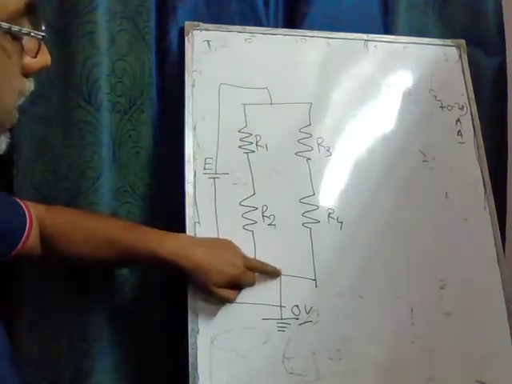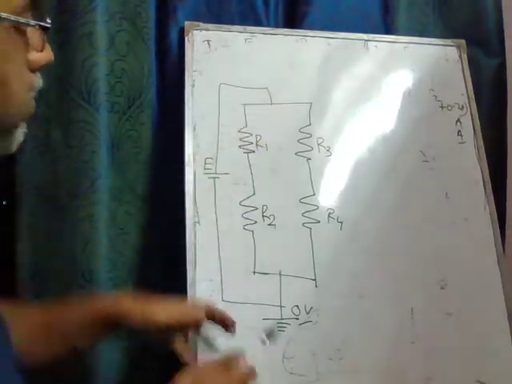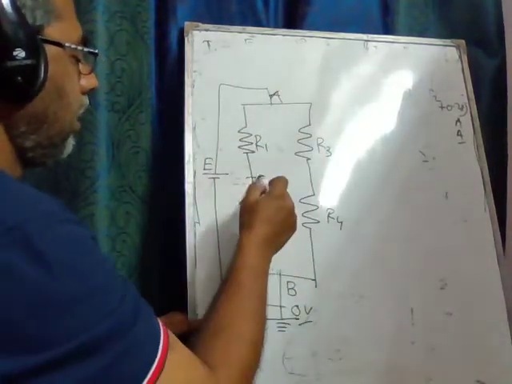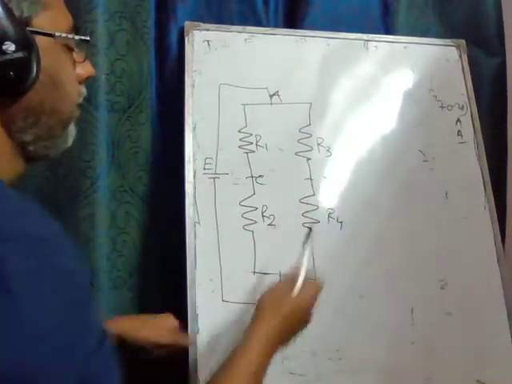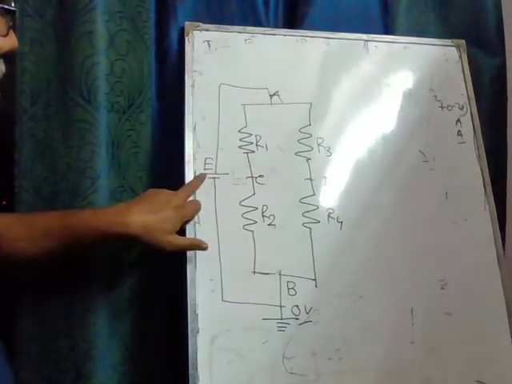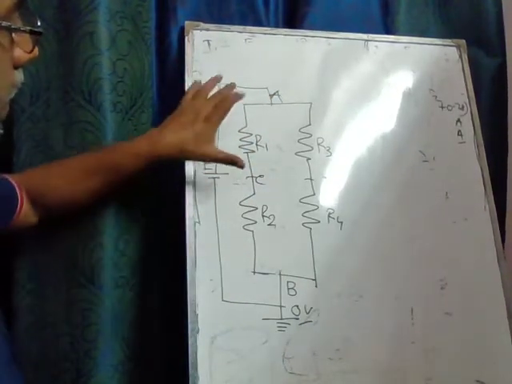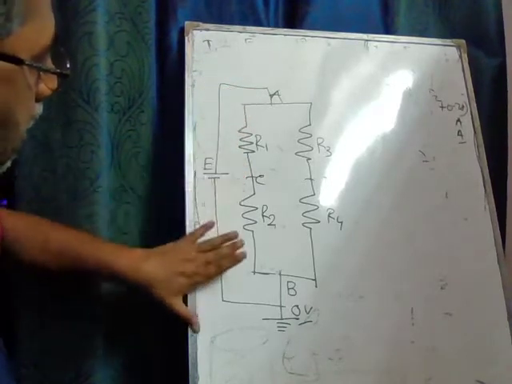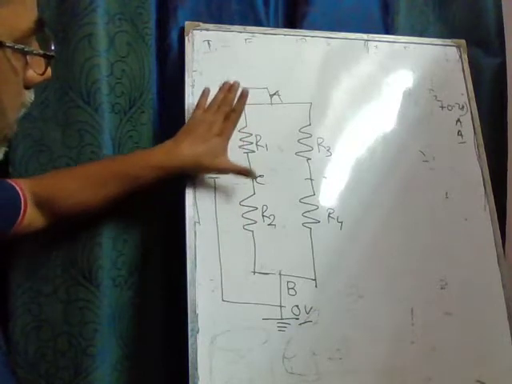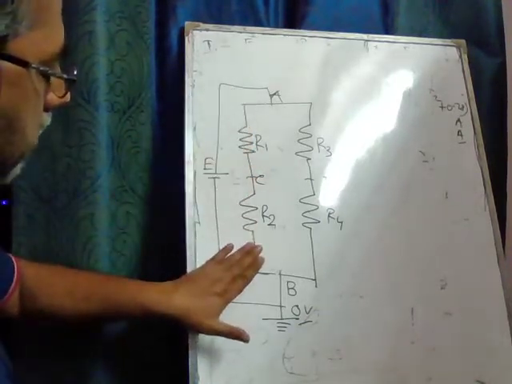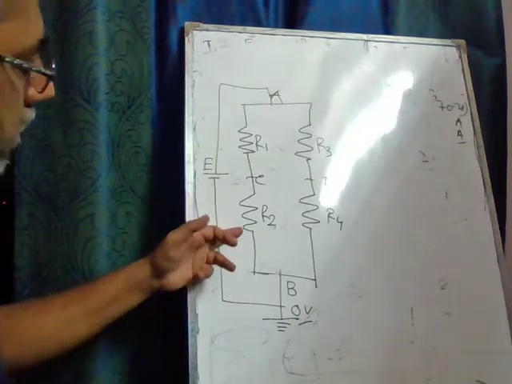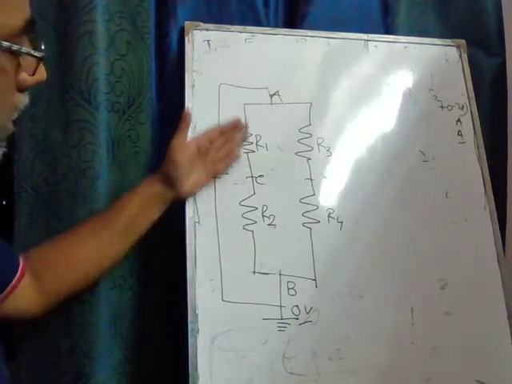So the points are A, B, C, and D. The potential between A and B is taken as the EMF of the battery, and the branch has resistances R1 and R2 in series. So the effective current that flows through this branch is the EMF E divided by the sum of these resistances, that is current I1.